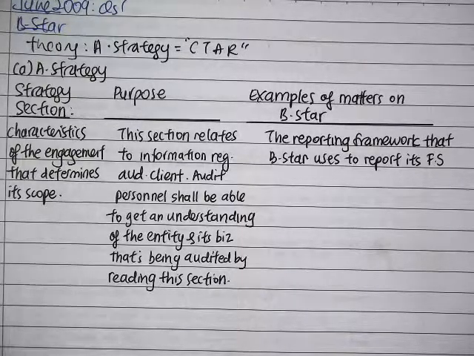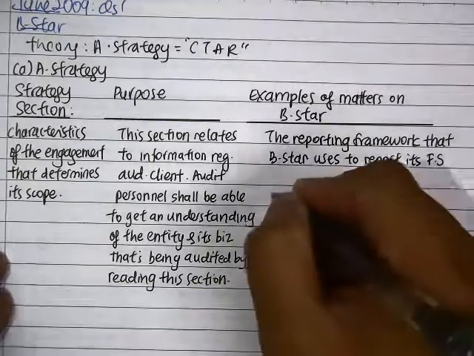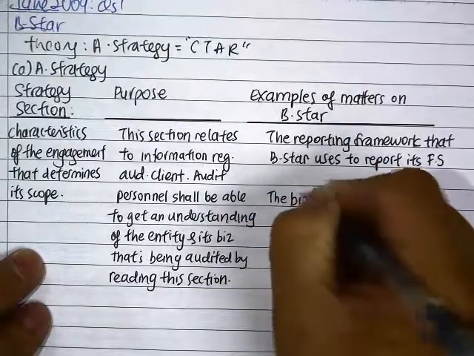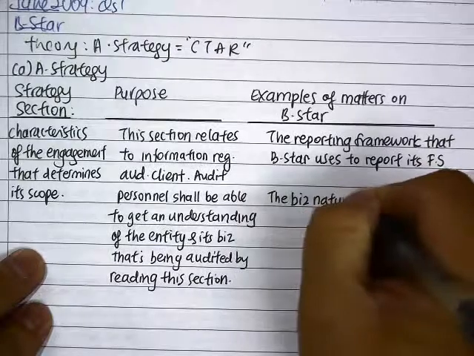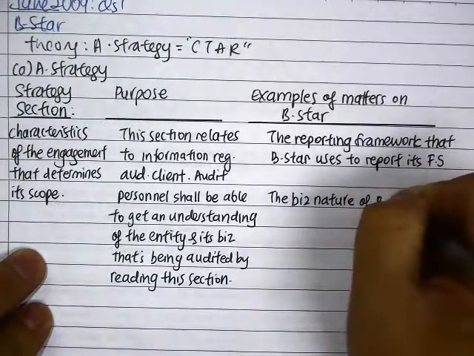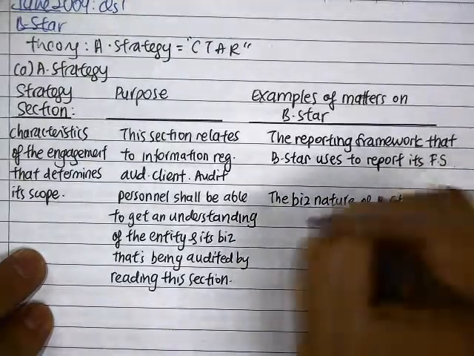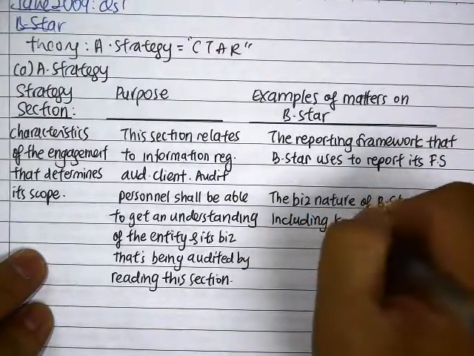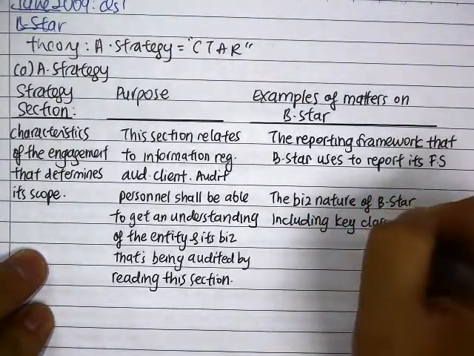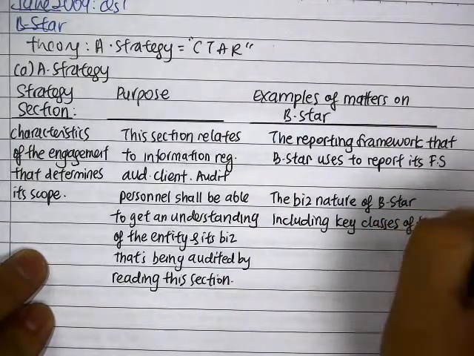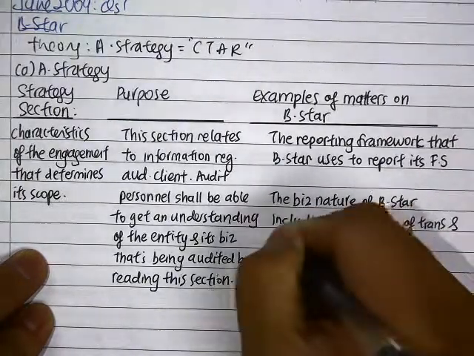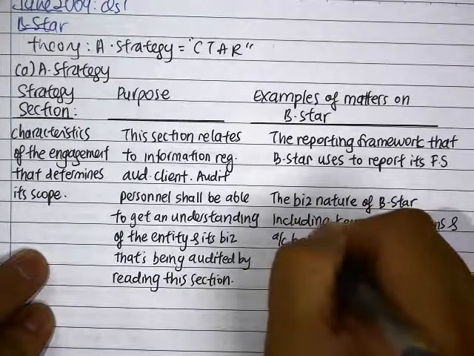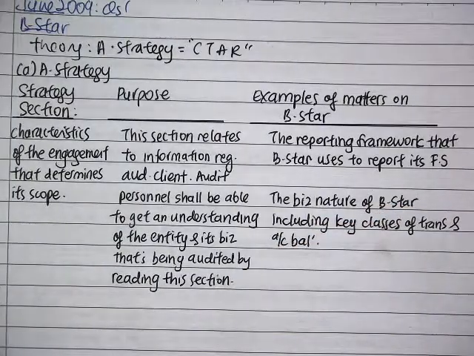What kind of business are they doing? The business nature of B Star, including the key classes of transaction and account balances, so that you know what kind of business they're doing and what the main source of income is.